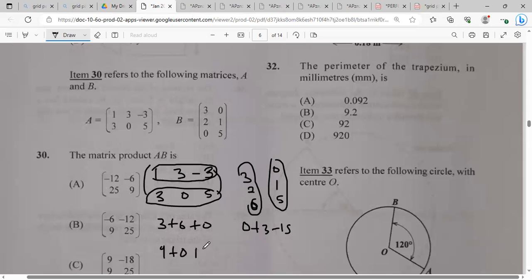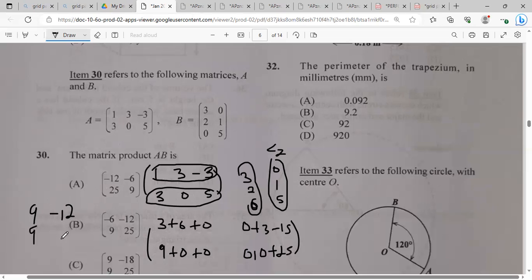So 1 left. All we have to do now is just multiply row 2 by column 2. So 3, 0, 0. 0 times that 0, 5, 5 is 25. So this is 25. 3 and 6, 9 on the left. This gives negative 12. So I look for the one with these numbers here. 9, negative 12, 9, and then this is supposed to be 25.